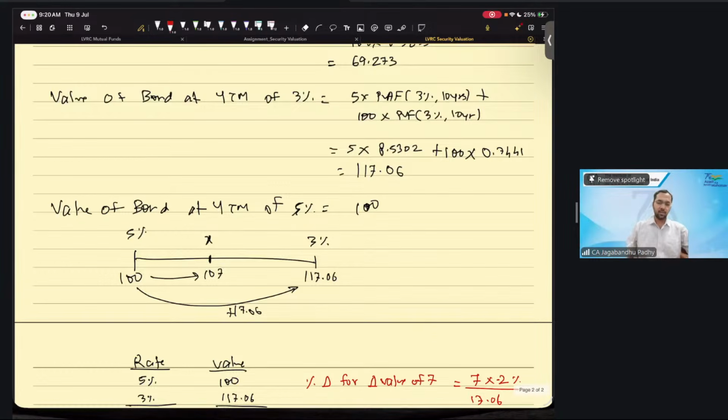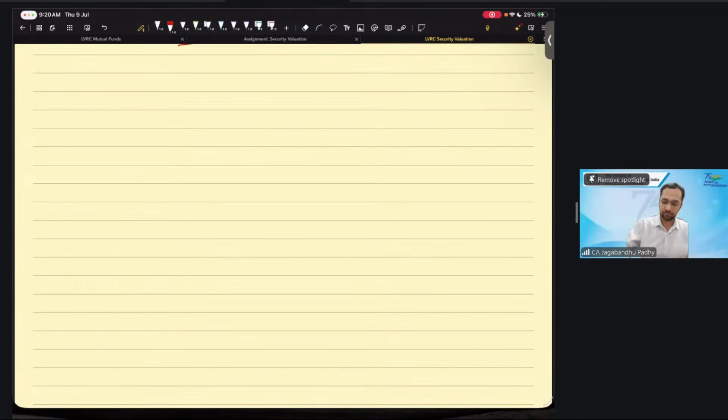Now let us go for understanding the risk that we face in a bond. Investment in a bond, is it risk-free? Do we have any risk when it comes to investment in bonds?